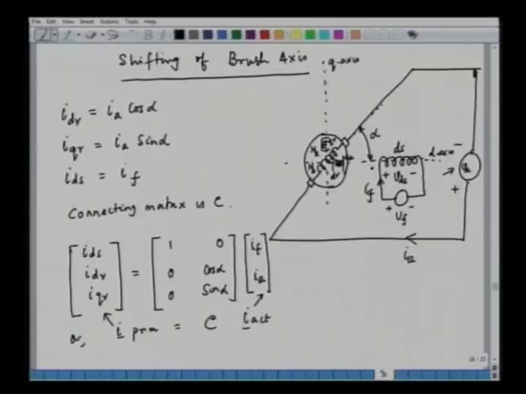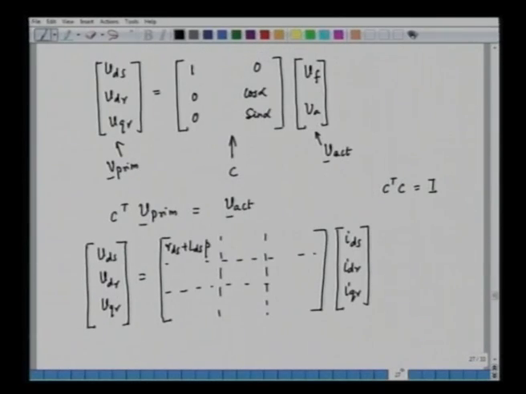The rotor will have the rotationally induced EMF, because this is rotating in the clockwise direction at a speed of omega r. The rotor is in rotation. So, there is a mutual coupling between the d axis rotor and the d axis stator, that is MdP and 0. Similarly, for the second row we have RDR, LDRP.